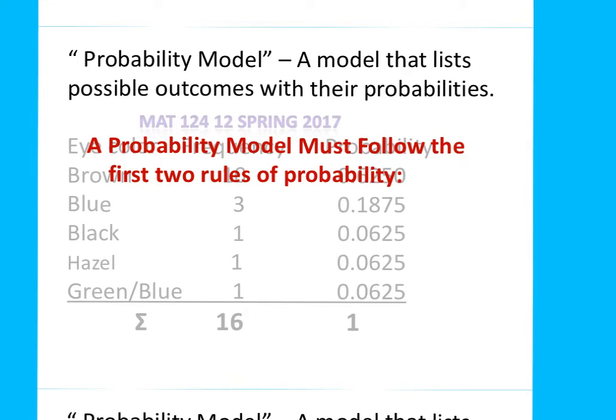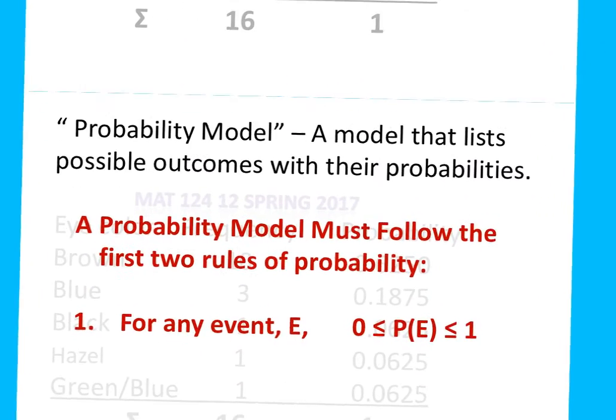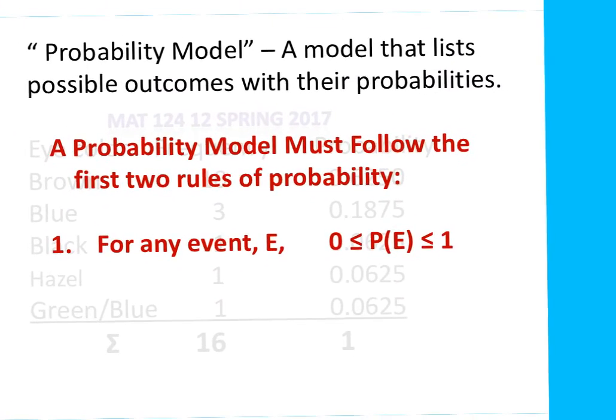is that a probability model must follow the first 2 rules of probability. And that is, number 1, for any event E, 0 is less than or equal to the probability of E occurring, and it is also less than or equal to 1.